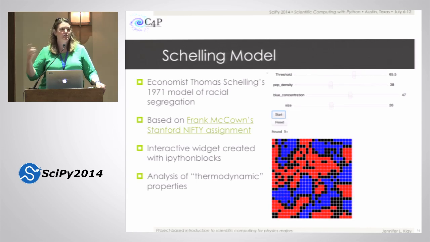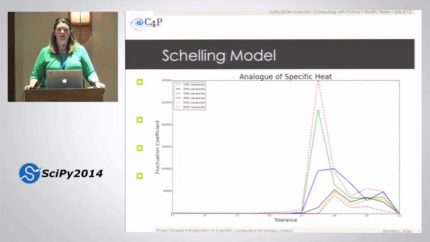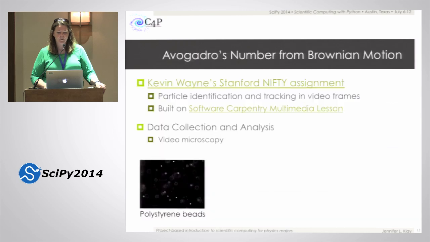I'm not showing you this interactively, but it would go through and move the agents so that they could group together based on their tolerance threshold. Then the students were able to do some analysis of the thermodynamic properties of this. There's an analog to the specific heat, and this was a graph that some students produced from that project.